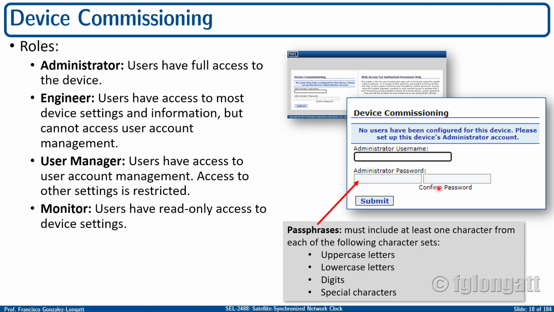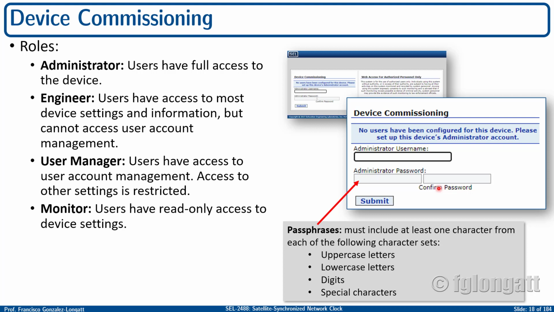Engineers, there is a role that is called engineer, and in this case, the user has access to almost all the device settings information, but the engineer cannot go to the user account management. On the other hand, there is another role that is called user manager, and this account has access to the users, but there is no access to any other technical functionality.